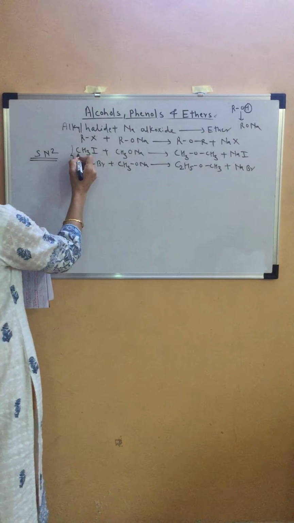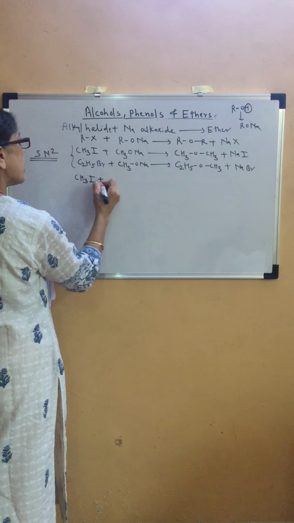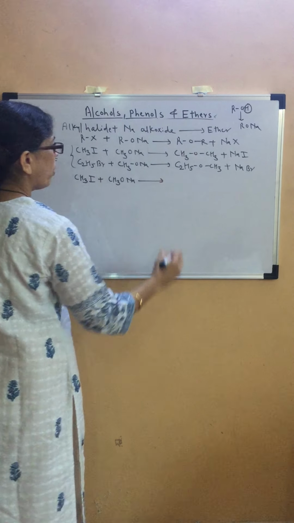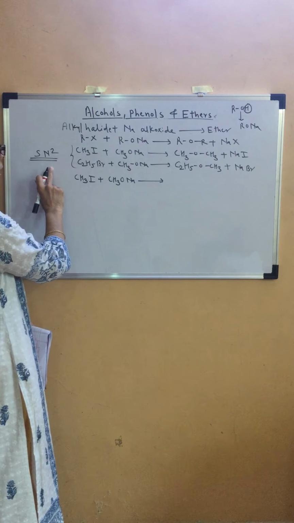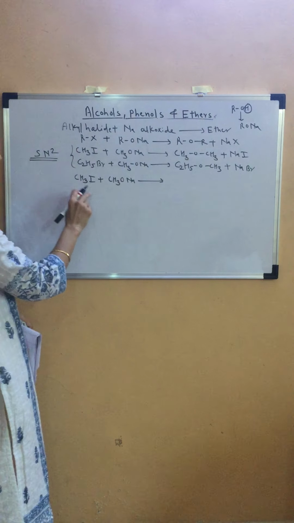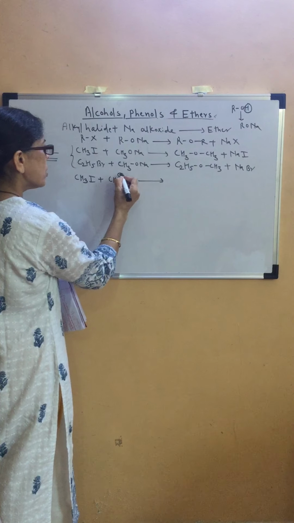See, if this reaction, we will take as an example CH3ONa. So nucleophilic attack will be there, isn't it? In SN2 reaction mechanism, the nucleophile will attack the substrate and the leaving group will leave at the same time. So which is the nucleophile here? CH3O minus and Na plus.